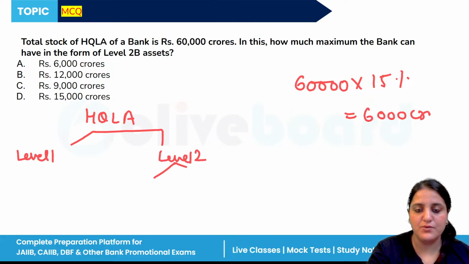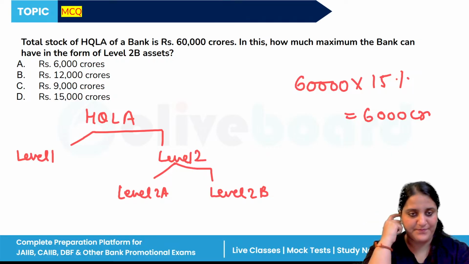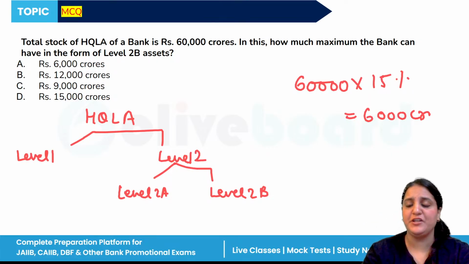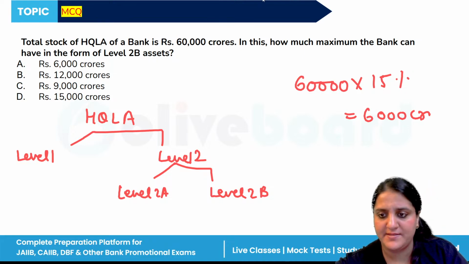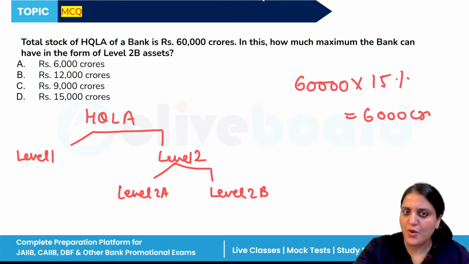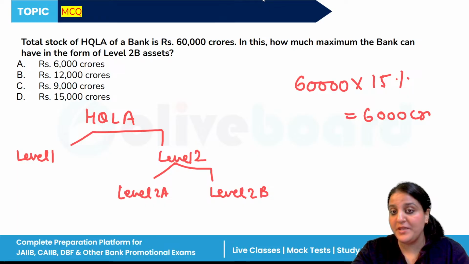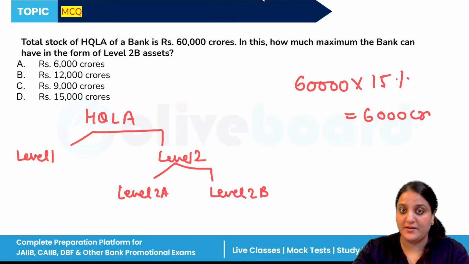Level 2 is also into two parts, level 2A, level 2B. Level 1 including cash, very high quality type of assets, and 0% of haircuts are there. But in level 2, 2A 15% of haircut, and in level 2B 50% of haircut.